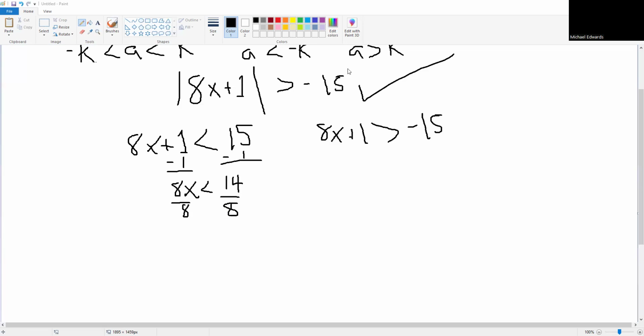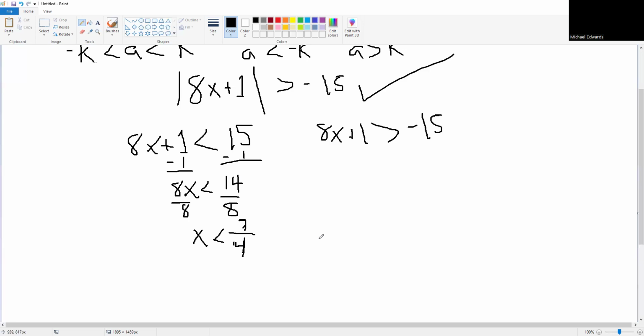Well, we know each number will go by 2. So let's just do that. So this is x less than 2 going to 14 7 times, and 2 going to 8 4 times. 7/4. No need to try to write it as a proper fraction. That's just fine.